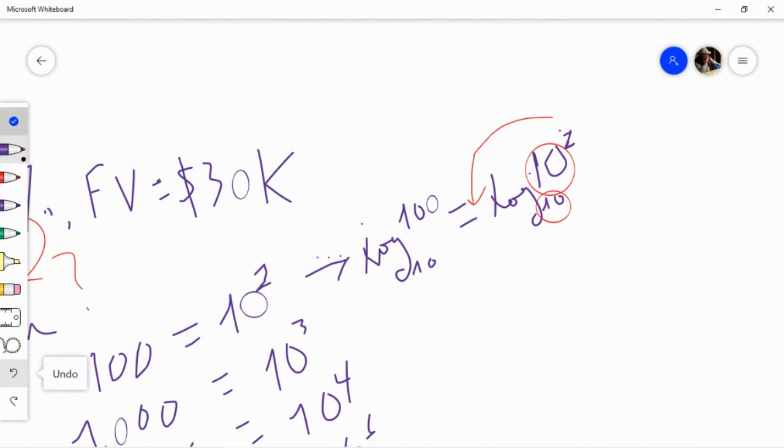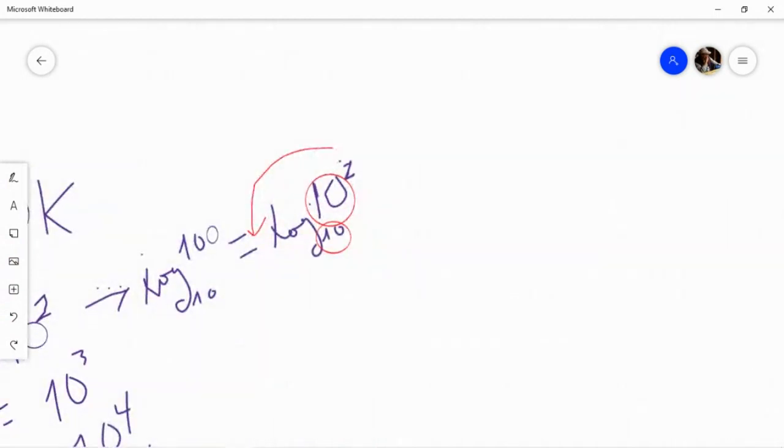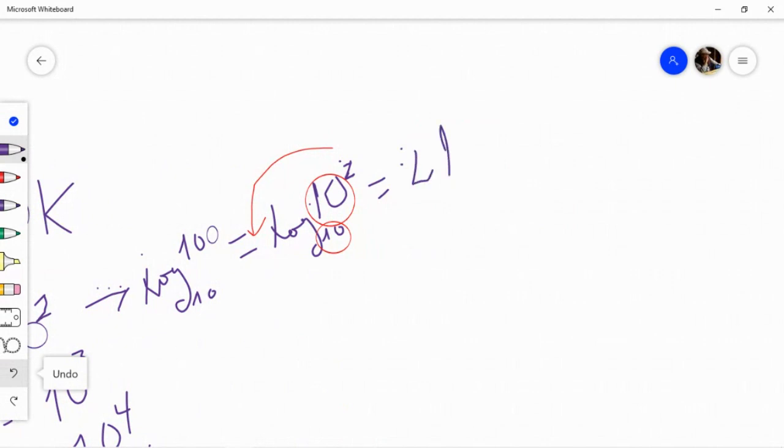You can write it as 2 times the base 10 log of 10.